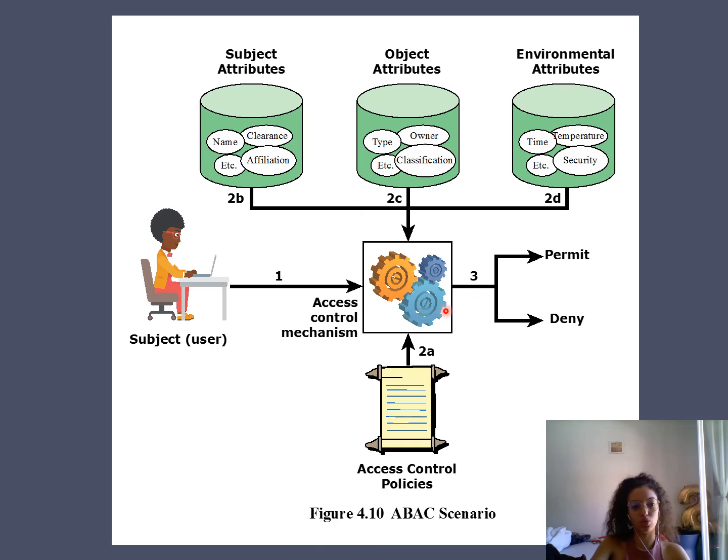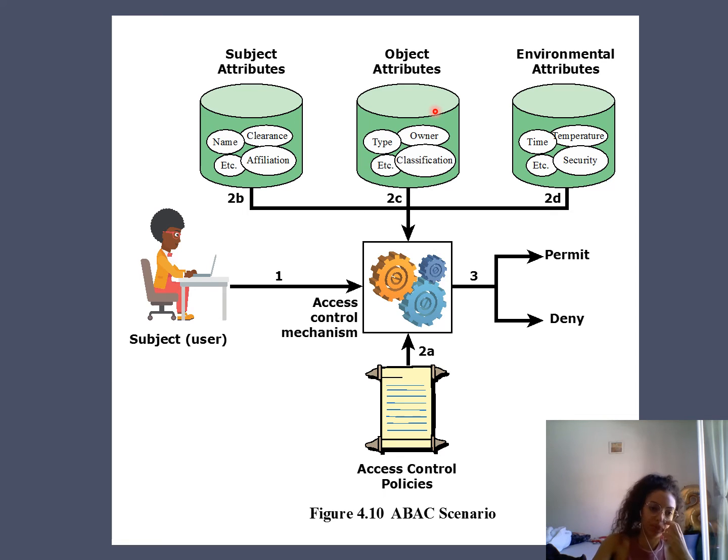Based on these rules, the access control mechanism assesses the attributes of the subject, the attributes of the object, and the current environmental conditions. The access control mechanism grants the subject access to the object if access is authorized and denies access if it's not authorized.